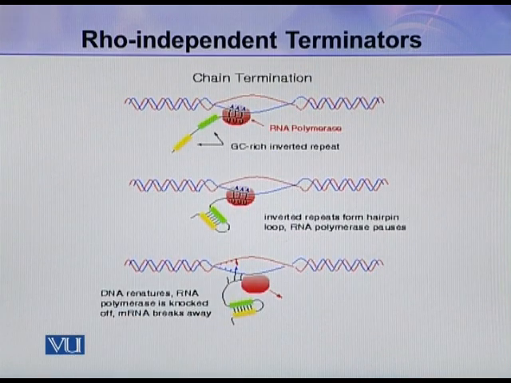So here you can see in this figure, this is RNA polymerase, and this yellow one is the first sequence, and then this green one is the inverted sequence of this yellow sequence. So this is about a 20-nucleotide long sequence, and then it is followed by a small stretch of AT sequence.